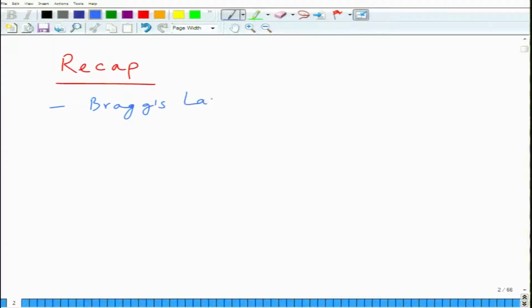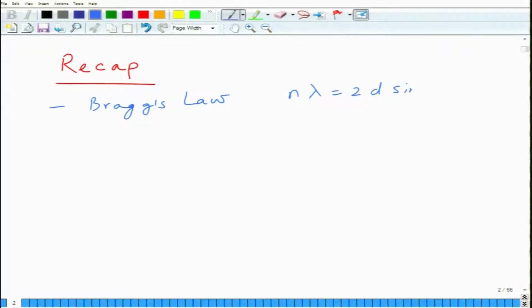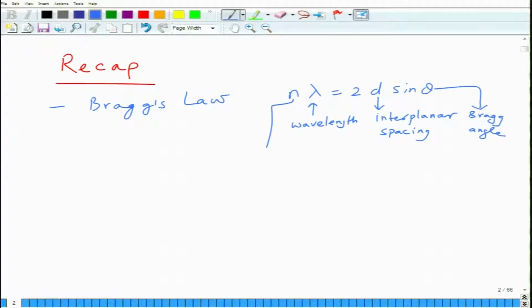Basically, Bragg's law is the holy grail of X-ray diffraction, at least for beginners, which is defined as n lambda is equal to 2d sin theta, where lambda is the wavelength of radiation, which is typically around 1.5 angstrom, d is the interplanar spacing, theta is the Bragg angle, and n is the order of diffraction or reflection.